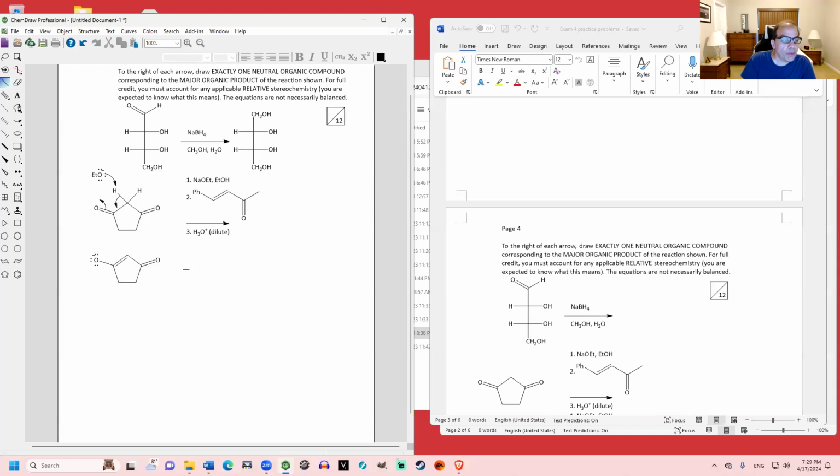And in chapter 23, we said that enolates like to add to the beta carbon of an alpha-beta unsaturated ketone or aldehyde. That's the beta carbon. And this is the alpha carbon.